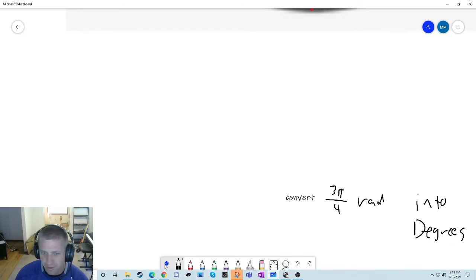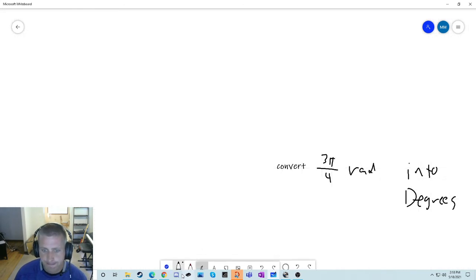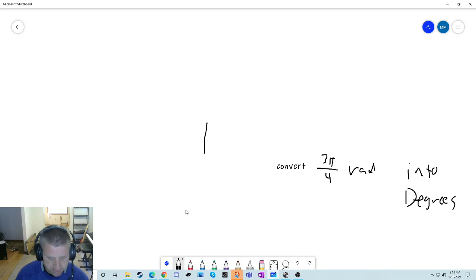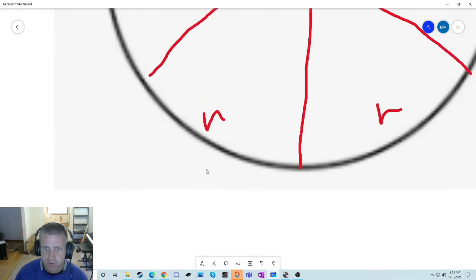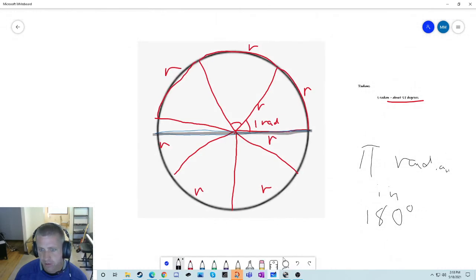And you'd be like, Moffat, why are you calling it 3 pi over 4 radians? That sounds so weird. But if we get ourselves a picture of a circle here, 3 pi over 4 radians, why would you even call it? It looks like there's like 6 and a little bit, or 2 pi radians in a circle, but why would you call it 3 pi over 4?